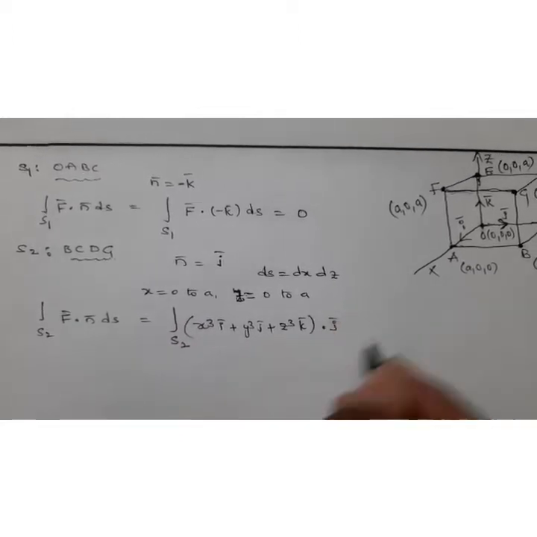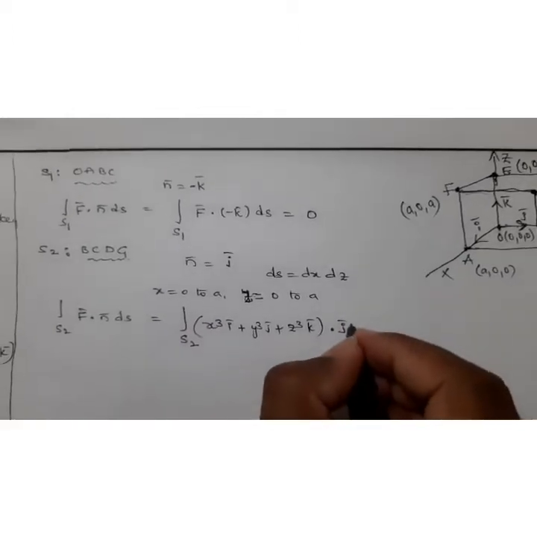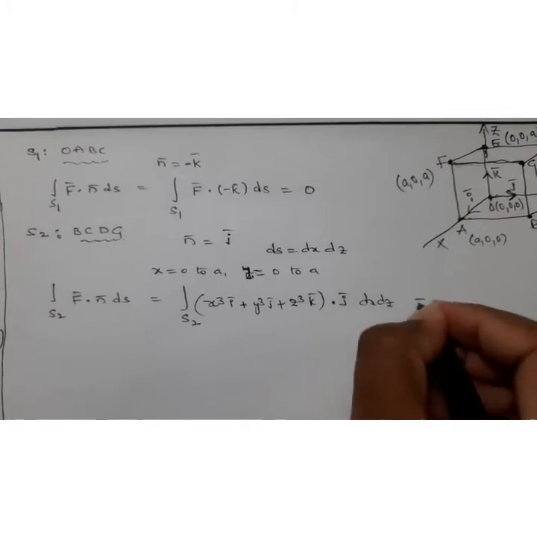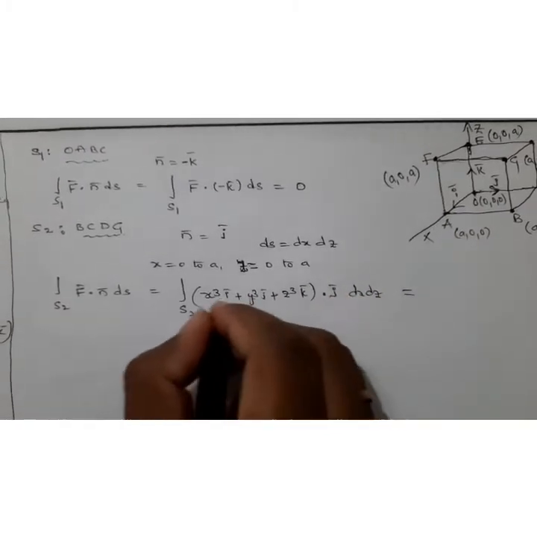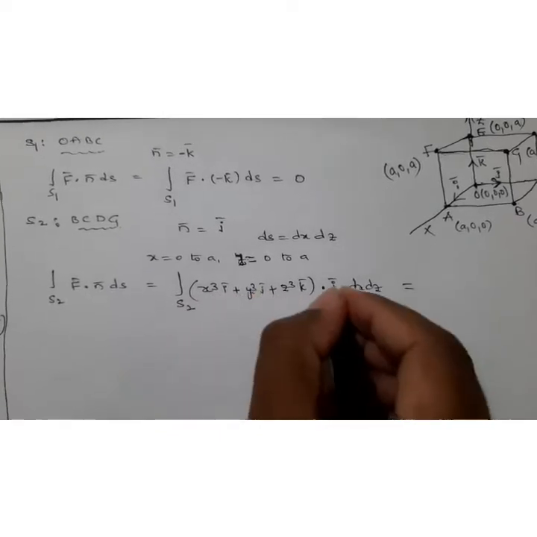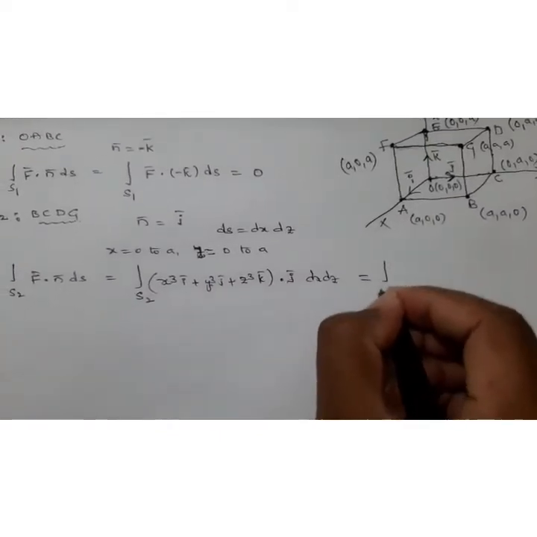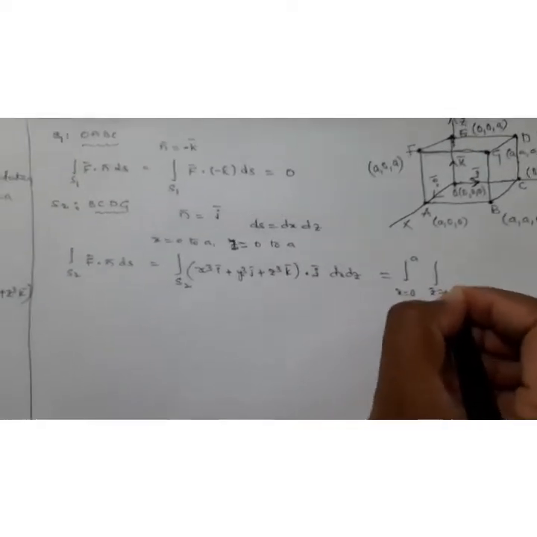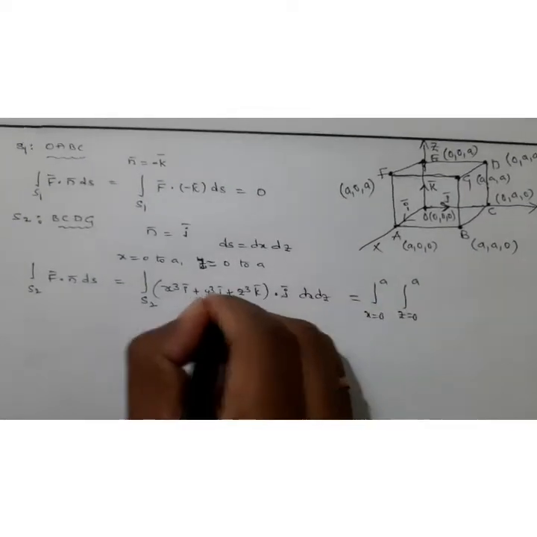What is n bar? j bar, with ds equal to dx dz. i dot j is 0, j dot j is 1. So x varies from 0 to a, z varies from 0 to a, y cube.